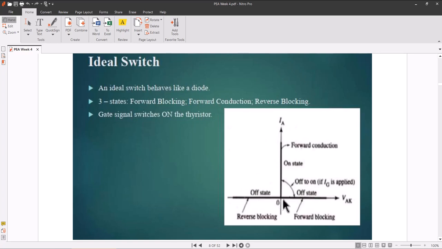And this is the forward blocking region: if we don't apply the gate current, then even if we make the anode positive and the cathode negative, it will not conduct. It will conduct only when Ig is applied. This is the forward blocking region, and in the center is the on state. This is known as the forward conduction state. So this is for the thyristor.